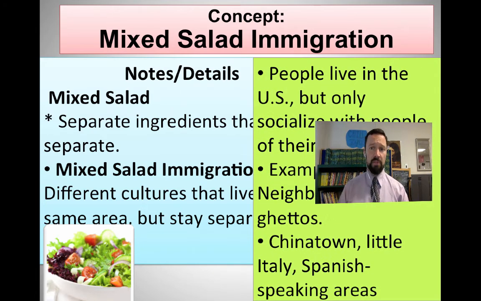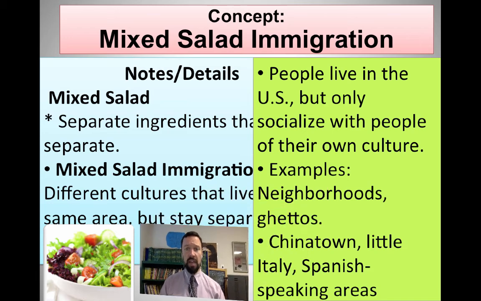So we see examples of this in the United States, where people might live with a lot of people from different cultures, but they only socialize with people from their own culture. Examples are neighborhoods. I know we're in Philly. There are separate neighborhoods like Italian and Polish, and then Black or African American, and then Spanish speaking. Ghettos are another example of people who associate with people who are like them.